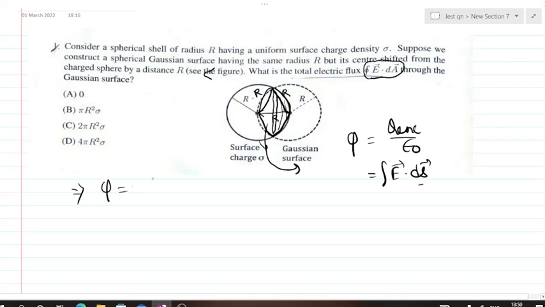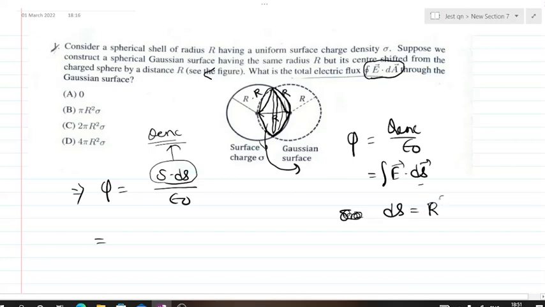The flux is equal to sigma ds divided by epsilon naught, which is the value of Q enclosed. As we know, the surface charge density is sigma, and the surface element ds is equal to r square sin theta d theta d phi. So sigma times r square sin theta d theta d phi.